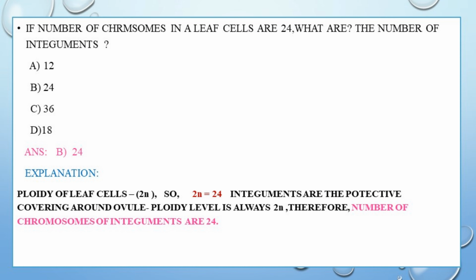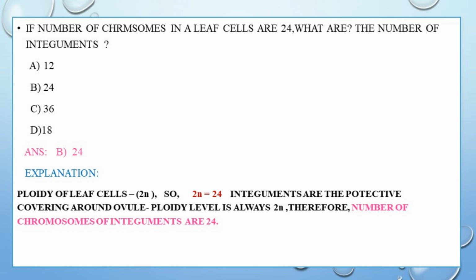Next question. If the number of chromosomes in a leaf cell are 24, what are the number of integuments? So here you will get the options 12, 24, 36 and 18. Let's go for the explanation. Here it is given that ploidy level of the leaf cells, that is 2n, is equivalent to 24.